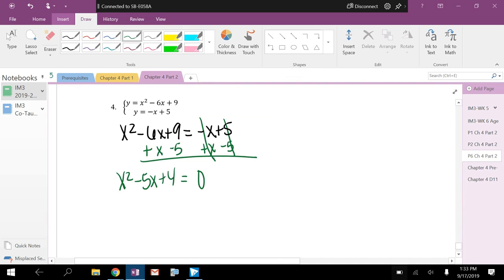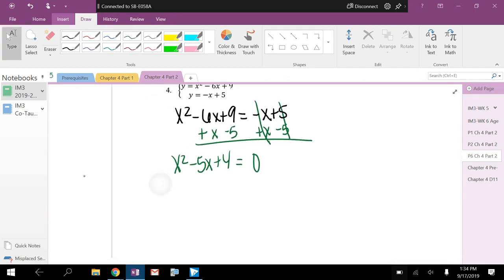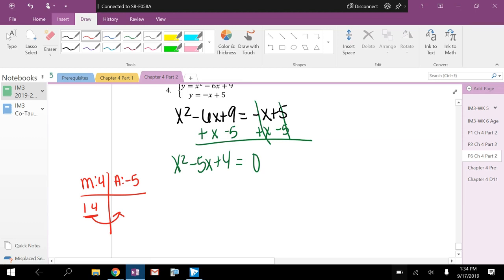See how much faster this is already going from the last one. Take a breather. Next step. You got all this, and you're like, what do I do now? How do I solve for that? If you ever get that thought in your head, you have to factor, because there's really no other way to solve for it. So what do we have to do? What multiplies to 4 and adds to -5? 1 and 4, yes.